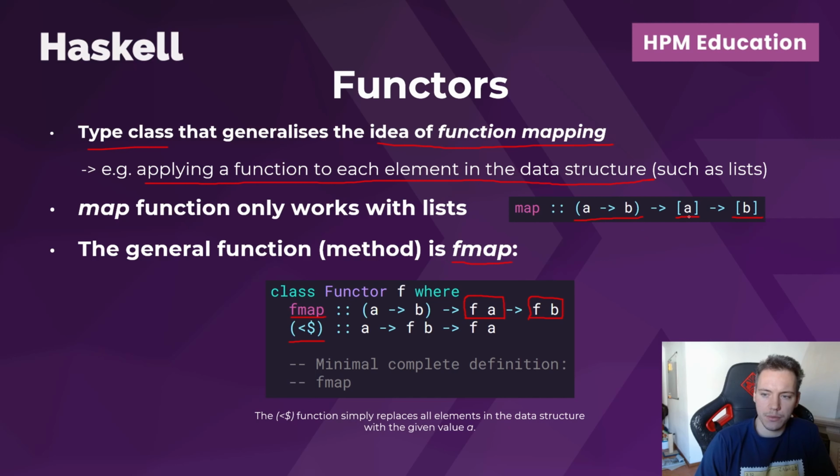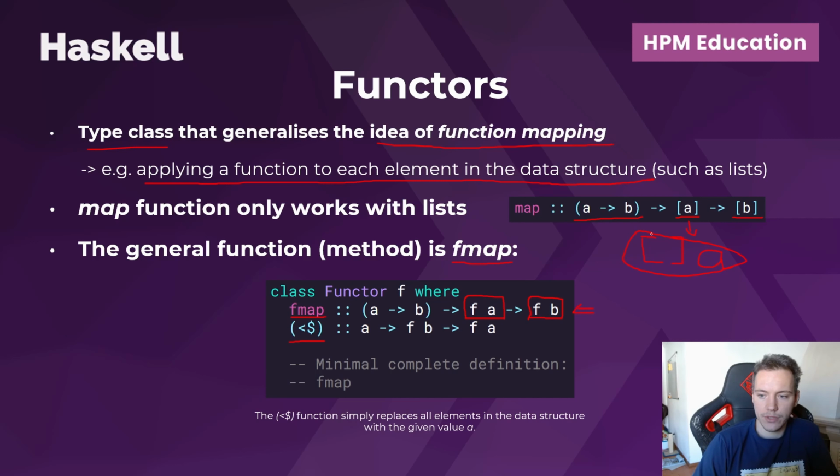And if we remember, the list of a's can be written in another way, right? We have just the list constructor, and a, so this could be written this way as well, and it would mean the same thing. So this is just syntactic sugar. And if we write it this way, then it becomes very similar to fmap's type.